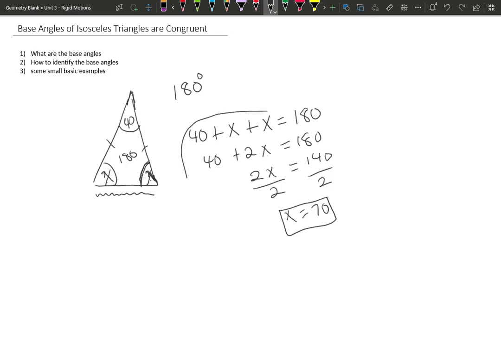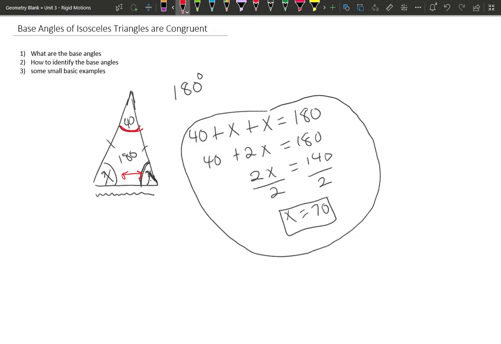You didn't have to use the equation for such a simple problem, because if these two angles are congruent, meaning they're the same measurement, if we minus the 40 from the 180, we'll get 140. Now split the 140 in two, because it must be shared amongst these two angles, and you'll get 70. So we did it algebraically, and we did it mentally over here.